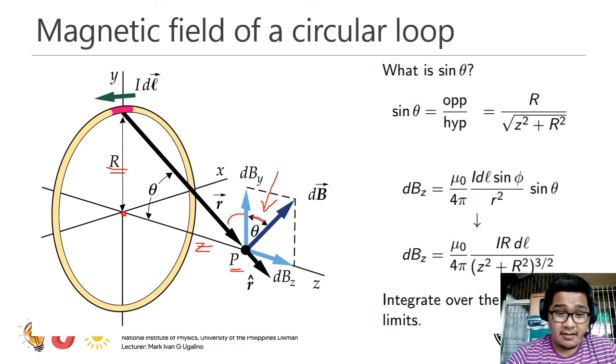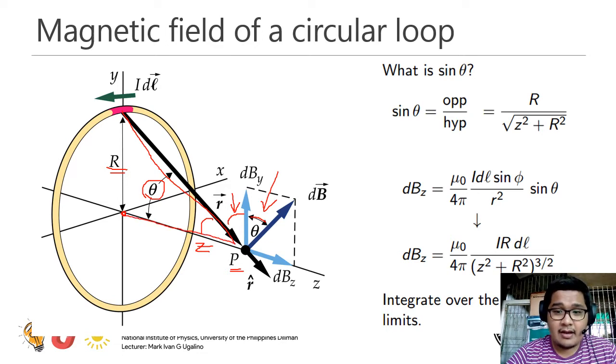Now, by inspection, we can already see that this angle, which is complementary to this angle, is just theta. So the angle between DB and the y-axis and this angle are the same.